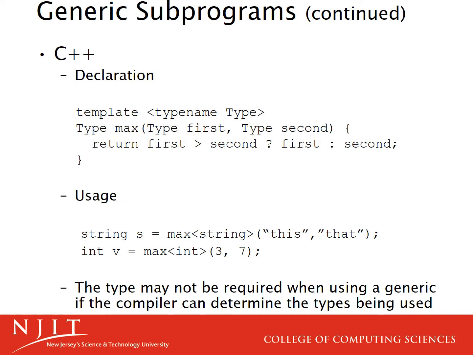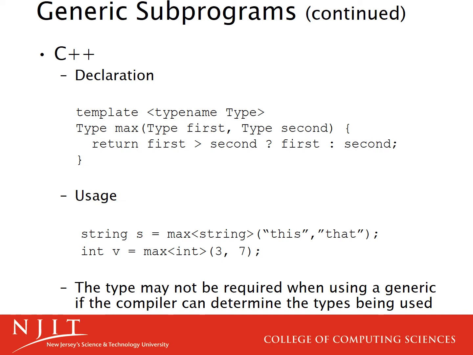With a generic, we simply say, okay, here's this method, and it's parameterized by type, and whatever type you decide to use, well, that's the particular instance of the function that gets called. So in the usage example below, in the first line of code, we say max string. See, the template parameter is string.